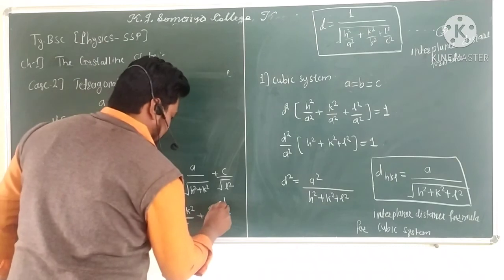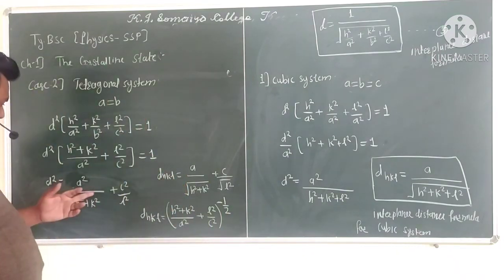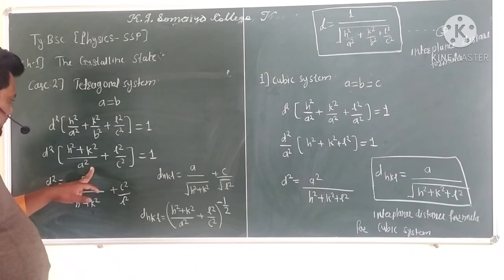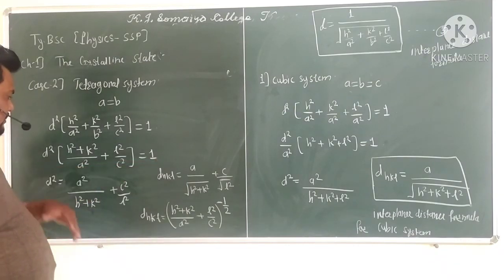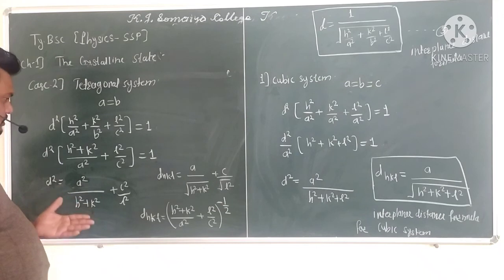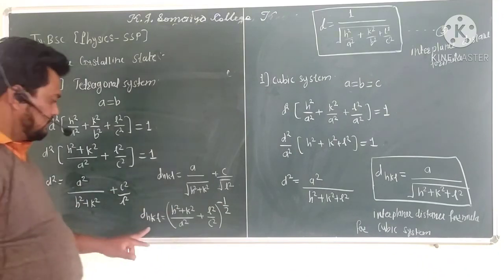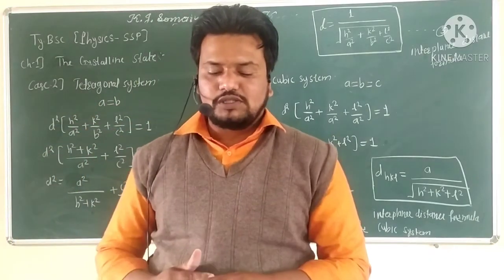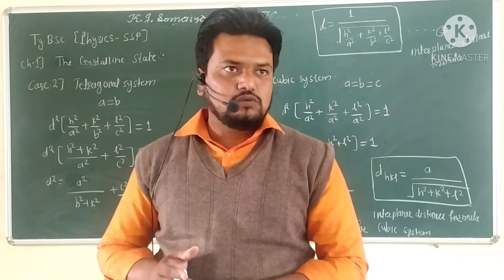Because see here, this term is the denominator of this side, and it comes in the under root. So that's why we see that d_HKL is equal to h square plus k square upon a square plus l square upon c square, whole power minus 1 by 2.